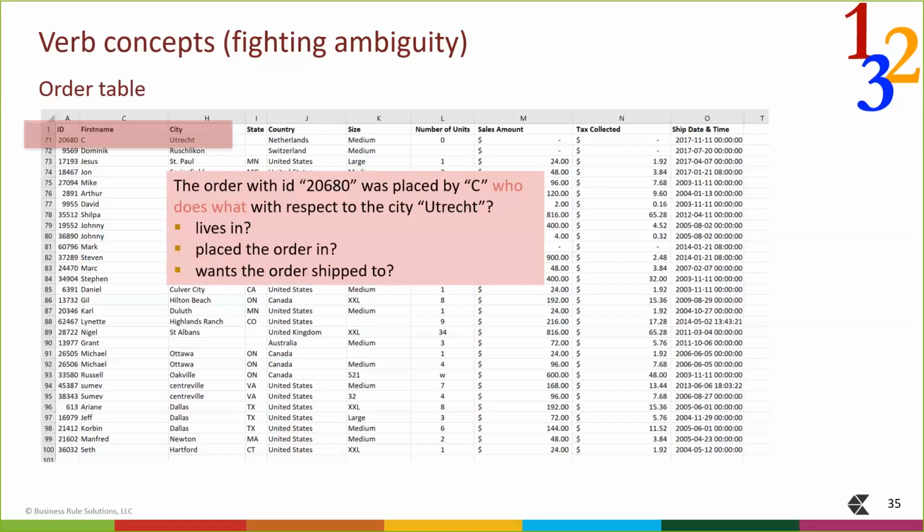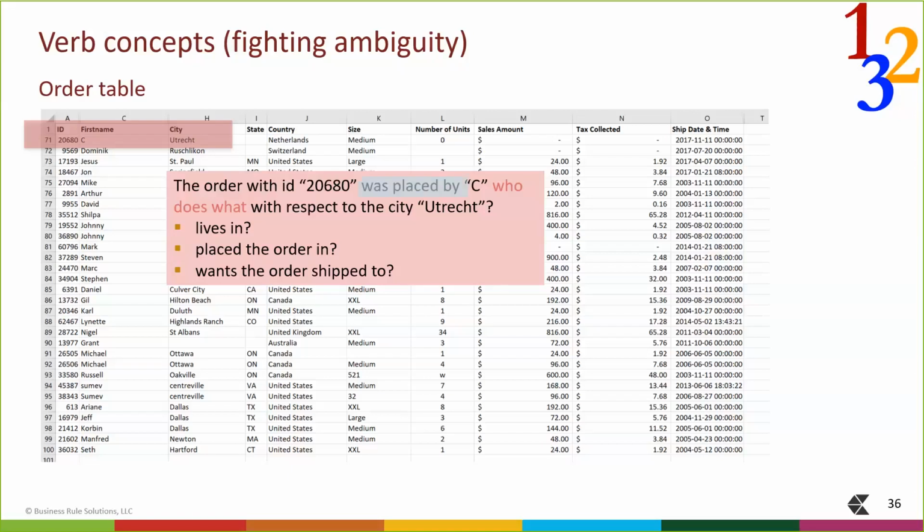How can I be sure what the true connection is between this person, C, the letter C, that's all we have for that person, and the order 20680? We're really just guessing. Does that person live in the city Utrecht? Did they place the order in the city Utrecht? Do they want the order shipped to the city Utrecht? It's not clear. We have phantoms. We have missing semantics. It's gone. It's evaporated. That is not good.